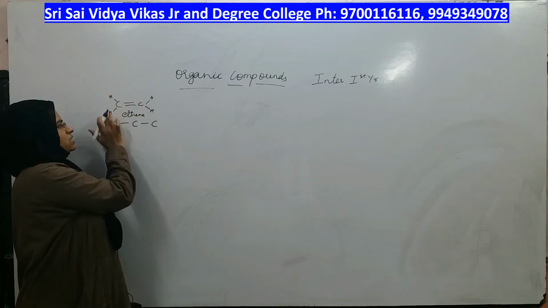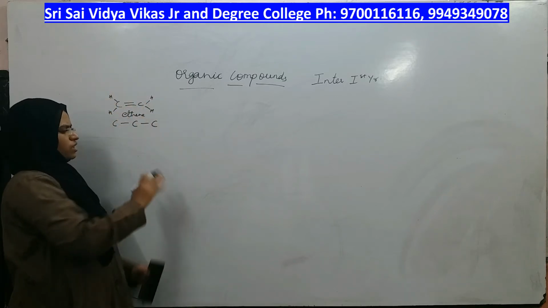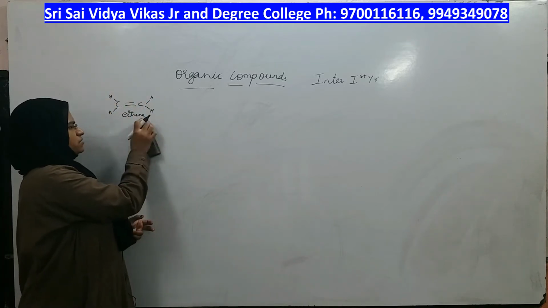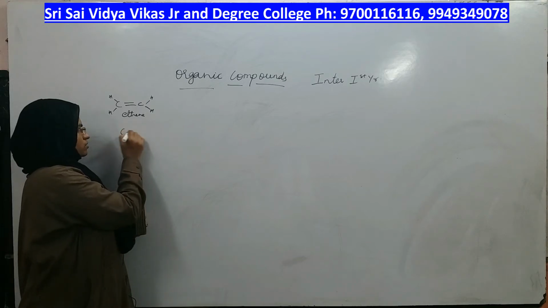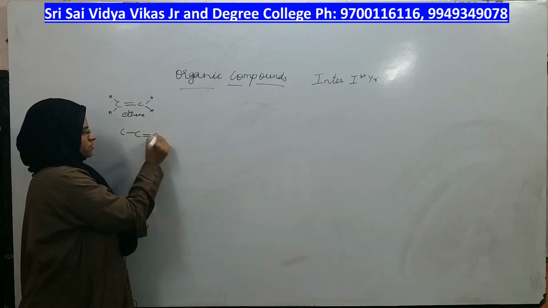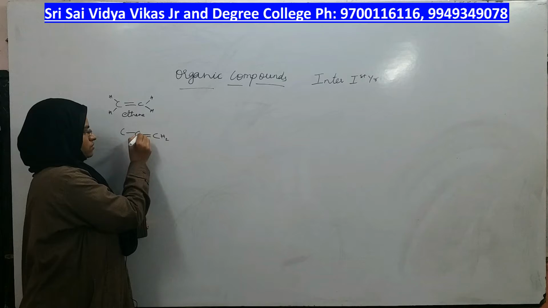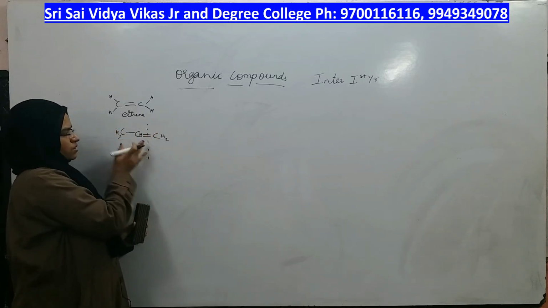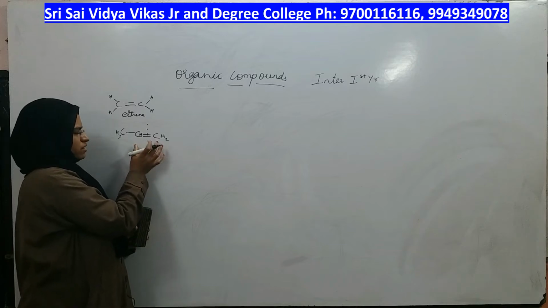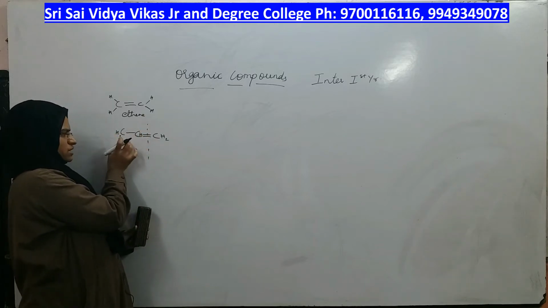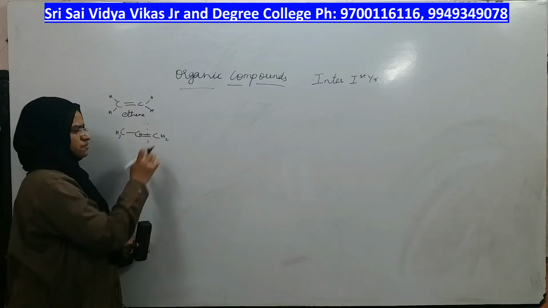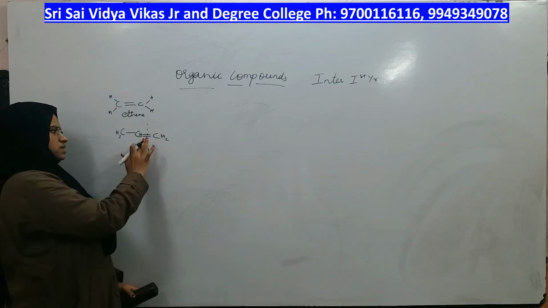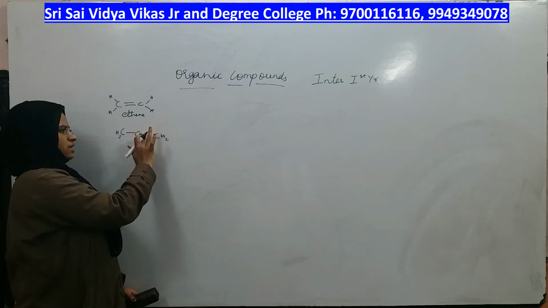This side also has CH2, this side also has CH2. But if I take an unsymmetrical alkene like so, is it symmetrical or not? In between the double bond, is this part and this part the same? No, it is not the same. That means the alkene is unsymmetrical.